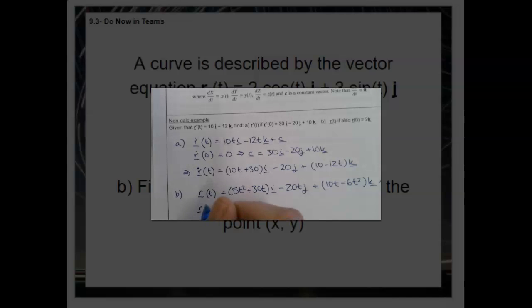It then tells me that r of 0 equals 2k. So therefore, d equals 2k. Underlining everything I need to underline. So r of t, to write the whole thing out, is (5t squared plus 30t)i minus 20tj plus (10t minus 6t squared plus 2)k.